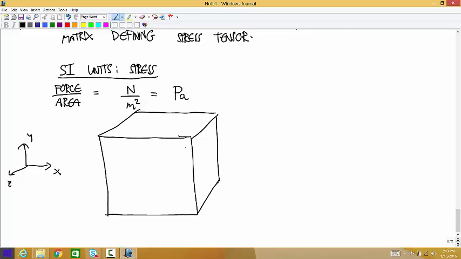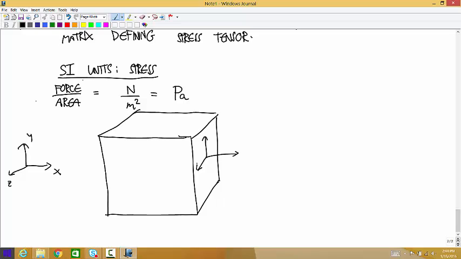Think of each face as being defined by the axis that comes out of it. So this would be the positive x face, positive y face, positive z face. The other three that we don't see are the negative x, negative y, and negative z. But we don't need to draw those because of the redundancy. And there are 9 values.